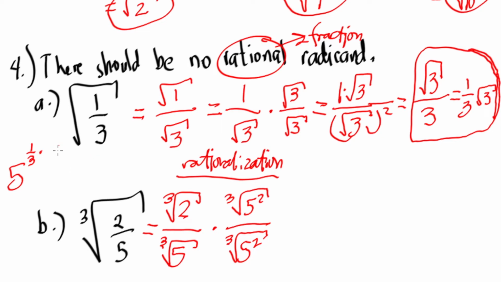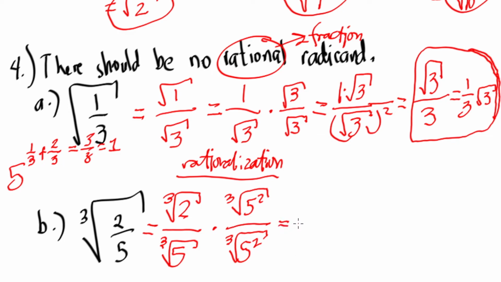If we add 2/3, that's going to give us 3 over 3, which is equal to 1. And that's what we want to do to get rid of the radical symbol.